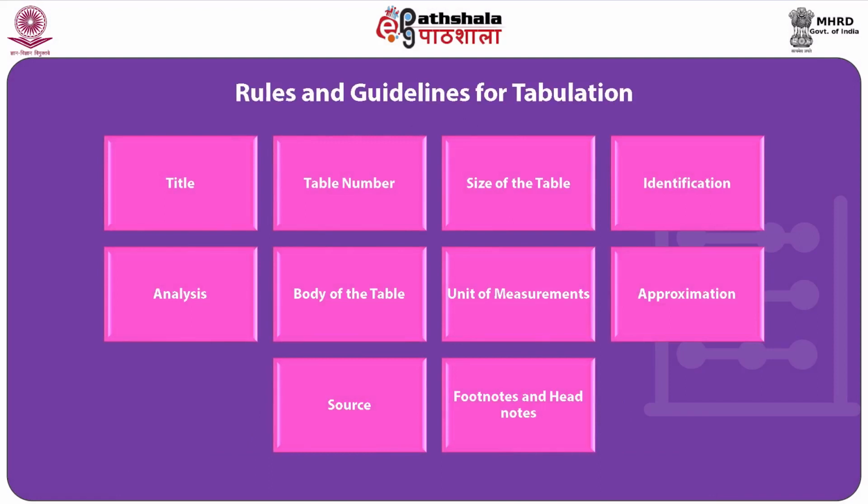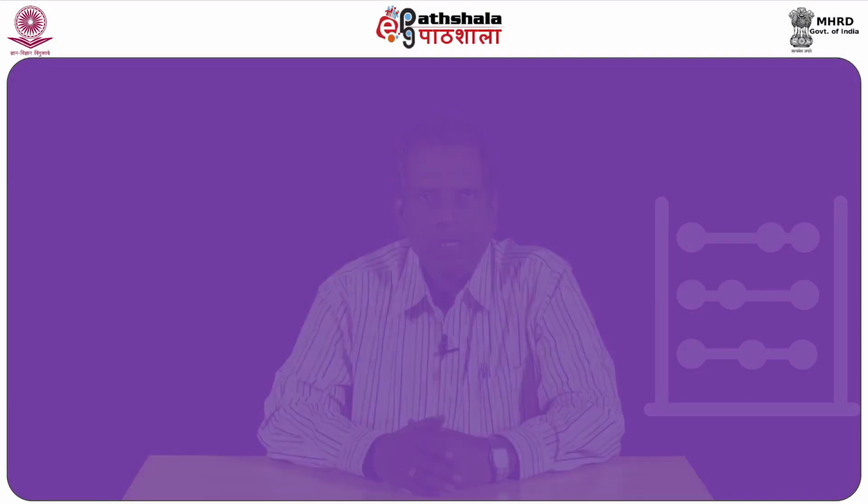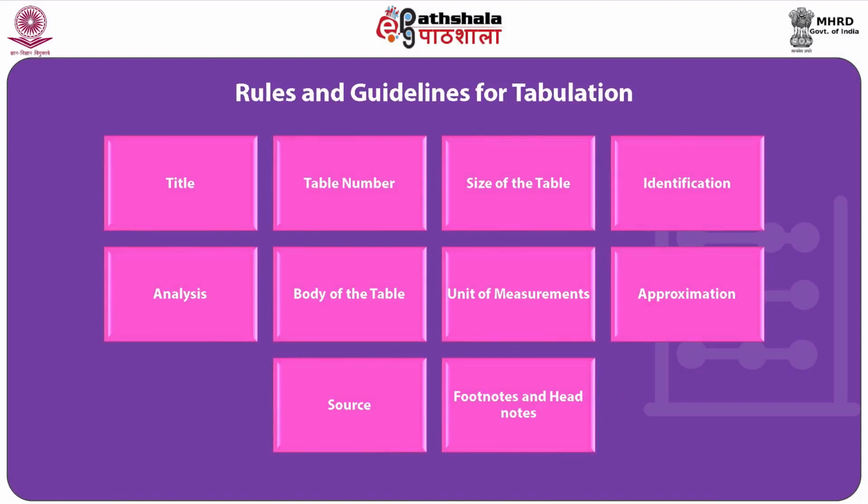Each of the table should be given a distinct table number so as to facilitate easy recognition and reference. Thirdly, size of the table. The size of the table should be neither too long nor too small. It should be adequate to accommodate the data set required for analysis.